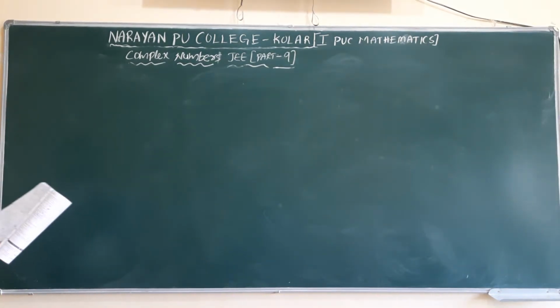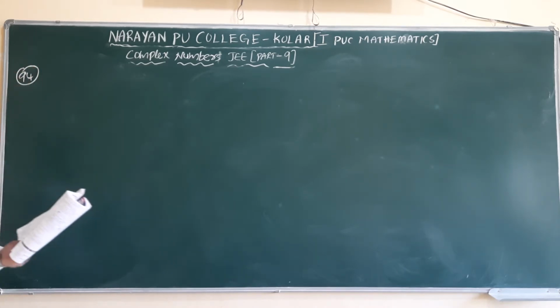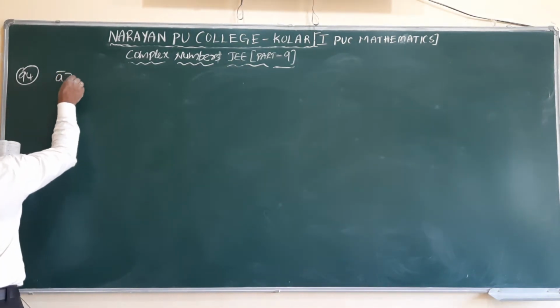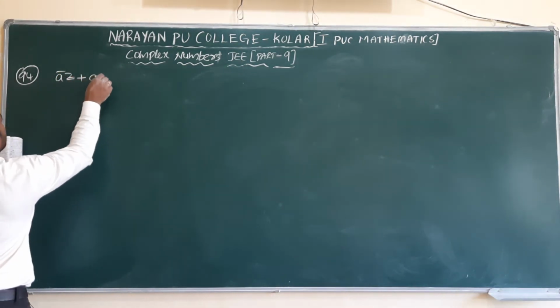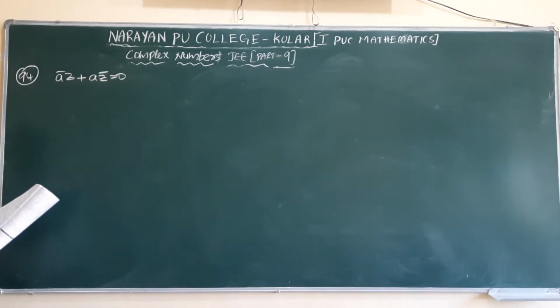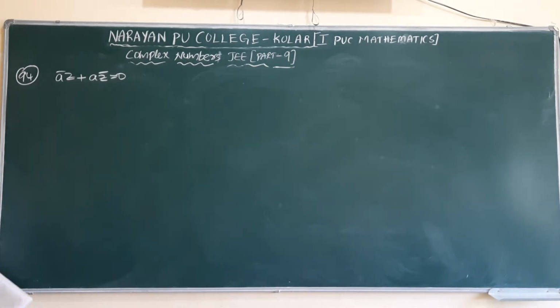It's question number 94. Equation of the reflection of the line a bar z plus a z bar is equal to 0 in the real axis. Here we have to replace z by z bar, because for a reflection the z should be the conjugate.